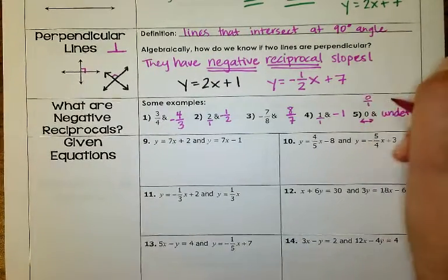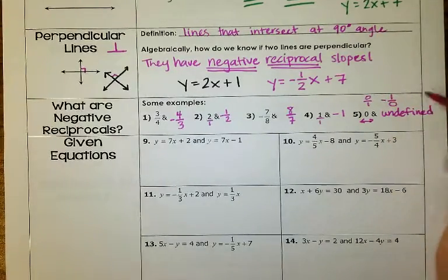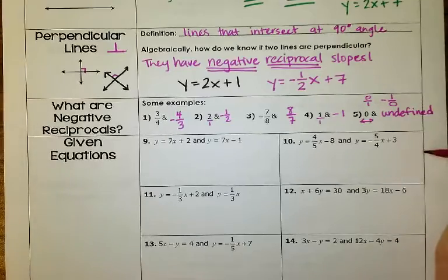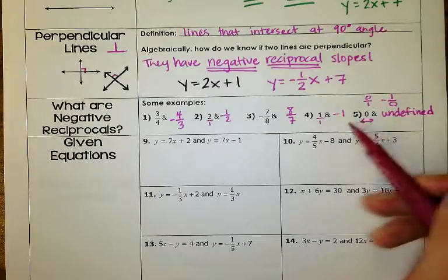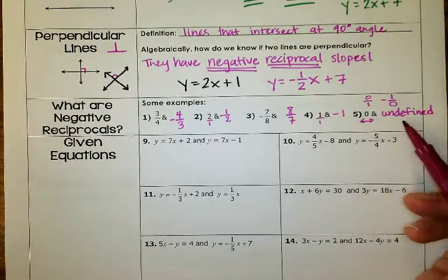So if we flip that to negative 1/0, well, that would be undefined. All right, guys? So whenever you see slopes that are 0 or undefined, you got to remember that Hoy and Vux, okay? Hoy is always perpendicular to Vux, and Vux is always perpendicular to Hoy.